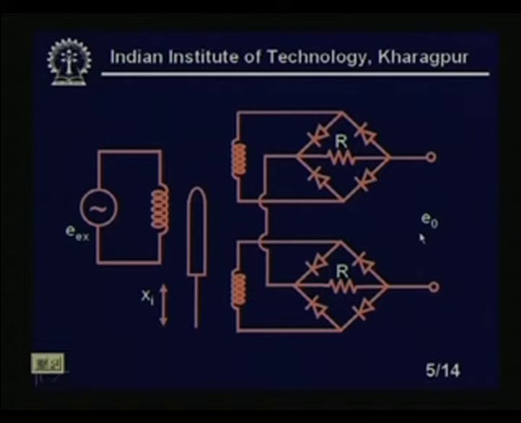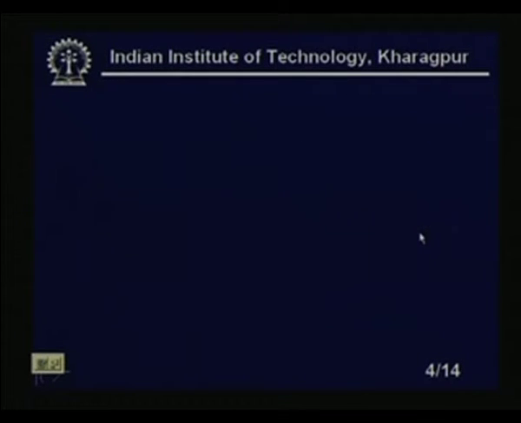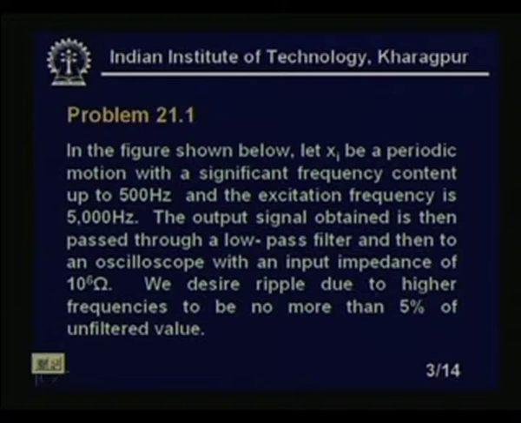Let us go back. In the figure shown below, let xi be a periodic motion. So, this time we are measuring periodic signals. In the figure shown below, let xi be a periodic motion with a significant frequency content up to 500 hertz, and the excitation frequency is 5000 hertz.